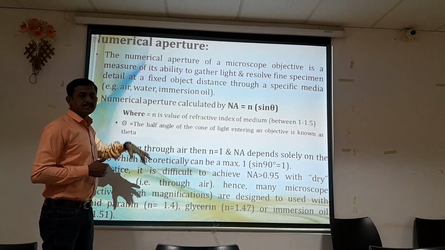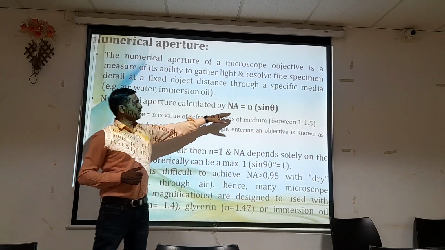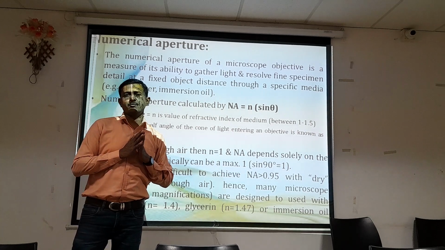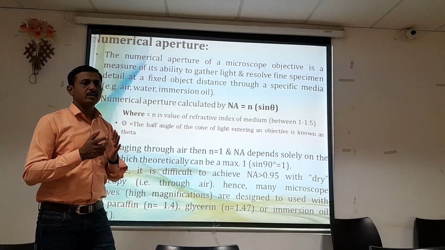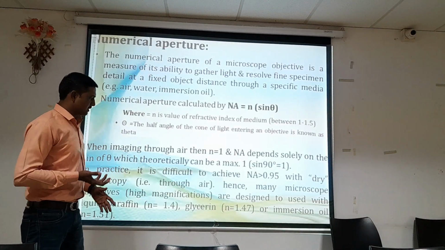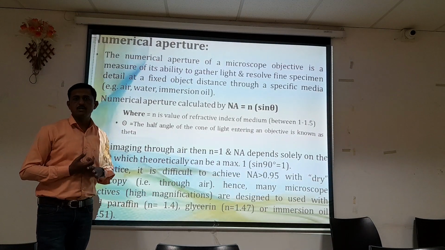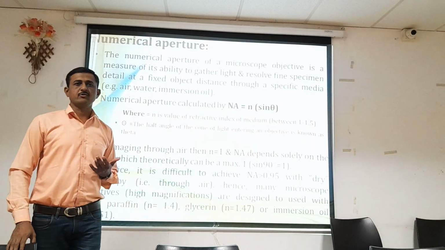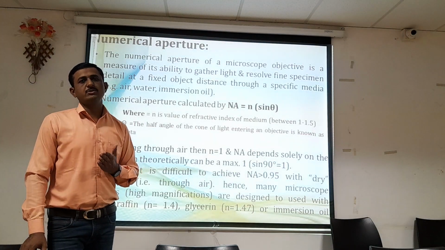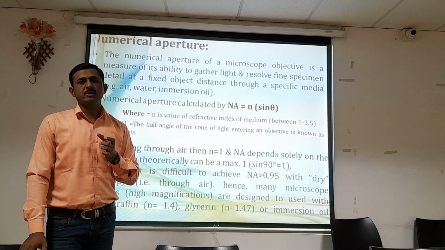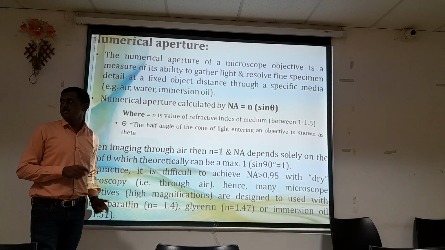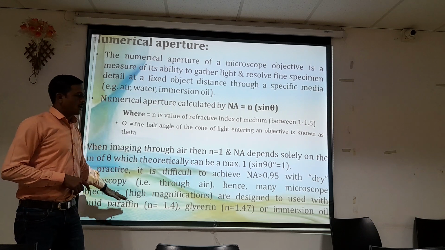If we place 1.51 in the place of n, we can achieve a higher numerical aperture value, so that you can resolve your specimen very nicely. To achieve higher magnification, when we observe our object under the oil immersion objective, or 100x objective, we normally use oil immersion, and that objective is also called the oil immersion objective.